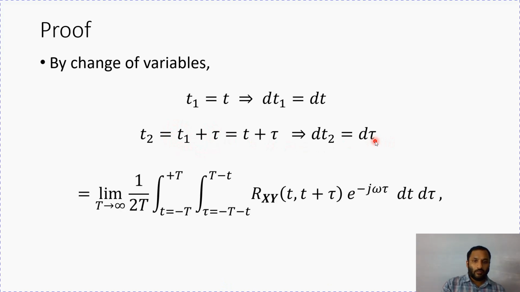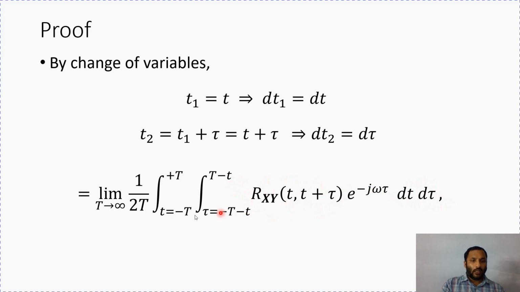Now, by substituting this result, we have the following: the e power minus j omega times (t2 minus t1) is replaced with tau, dt1 is replaced with dt, and similarly dt2 is replaced with d tau. Now the cross correlation function becomes this one by substituting t1 and t2.